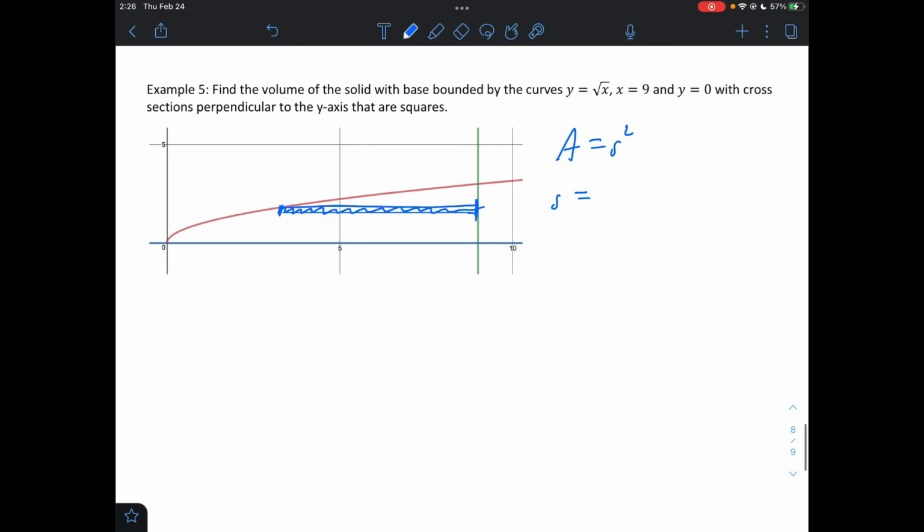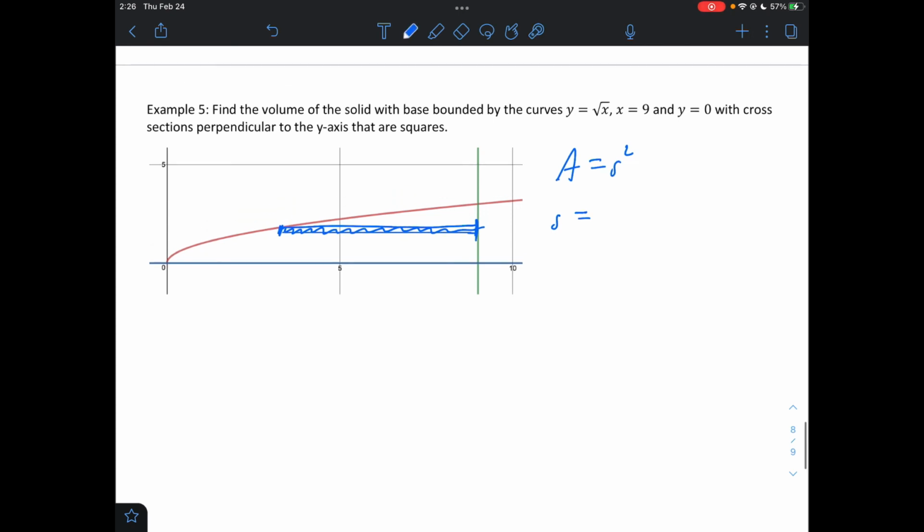This line, which is x equals 9, minus this shape, but it has to be in terms of x. So x equals y squared. So our side is going to be y squared minus 9. So our area is y squared minus 9 squared.